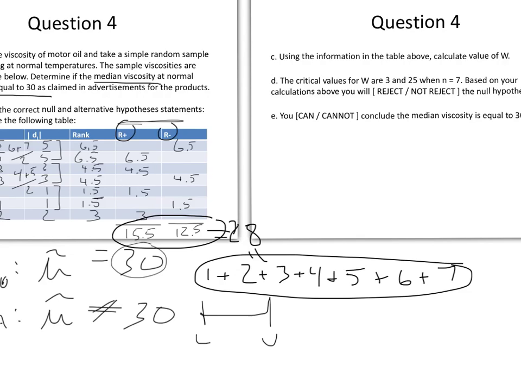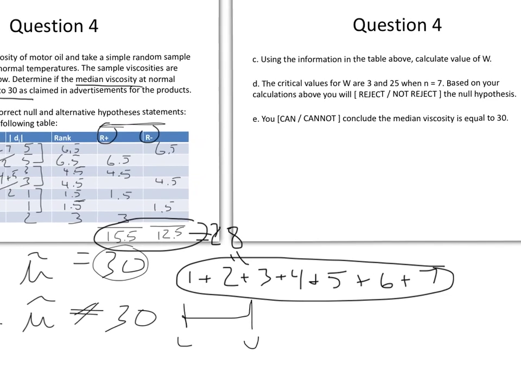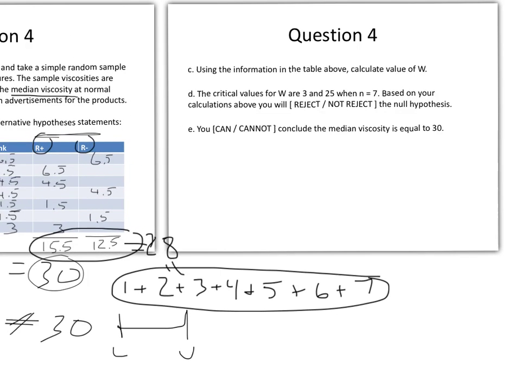Okay, so we've calculated the values for W, and so what this would look like then, if we were to draw a line, we'd have at the lower 12.5.